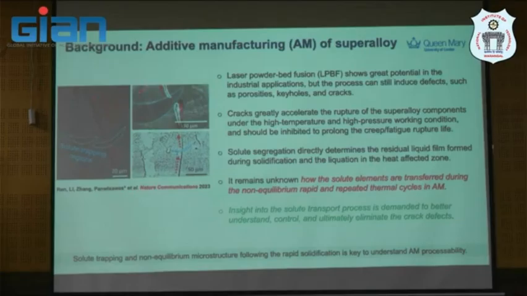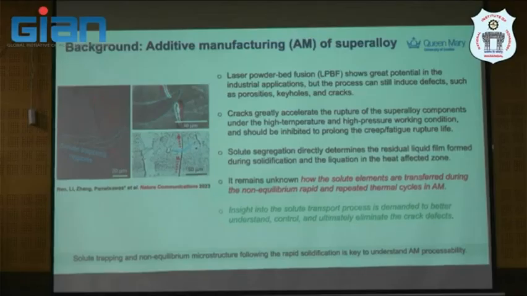curiosity that we pursue. And then we know that cracking greatly accelerates the rupture of superalloy in high-temperature conditions. And this segregation basically determines the liquid film formed during solidification, the solute segregation and liquation in the heat-affected zone. Something that remains unknown is how these solute elements are transported during non-equilibrium, rapid and repeated thermal cycles. And we don't know why it's actually trapped at the bottom of the melt pool.